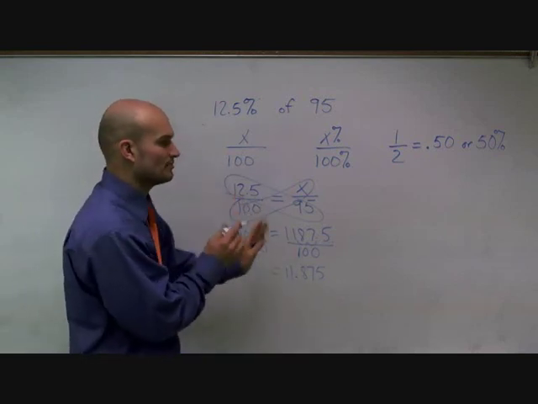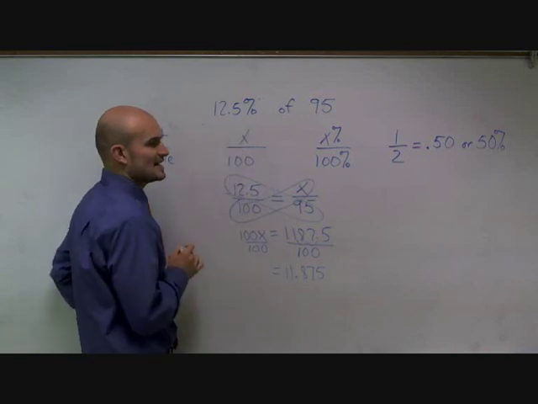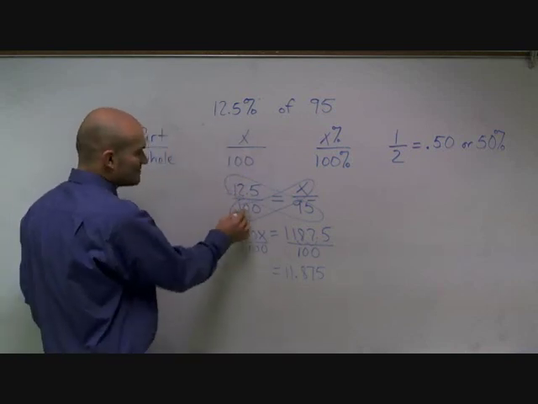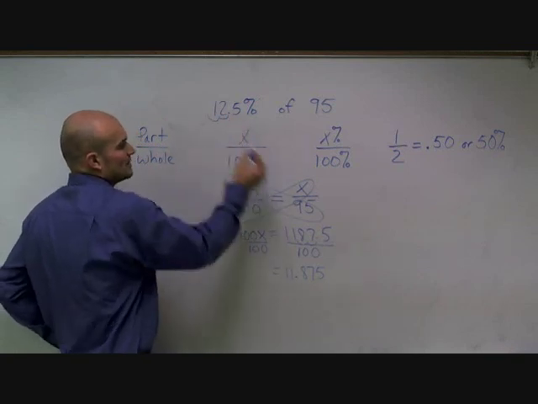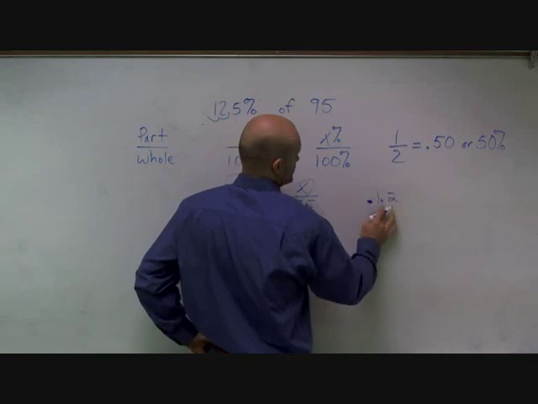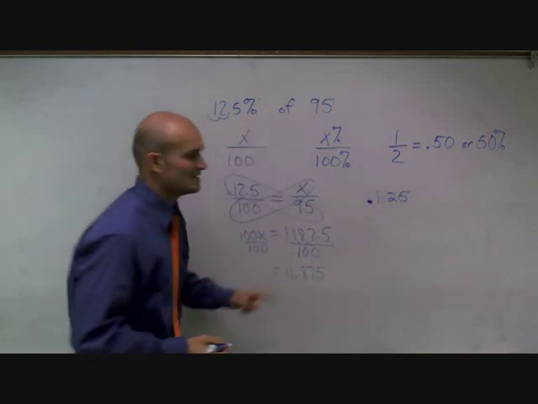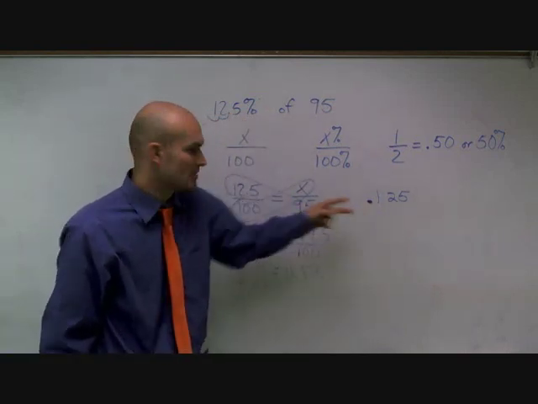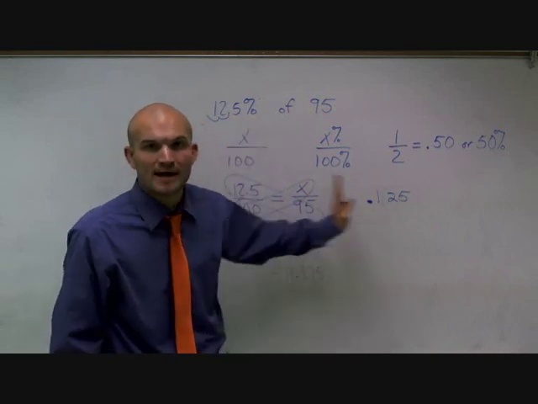So instead of writing this as a fraction, I can write it as a decimal. 12.5 divided by 100, just move your decimal place over 2 points, so now I have 0.125. Rather than using a fraction, I converted it to a decimal, and now I'm just going to multiply.